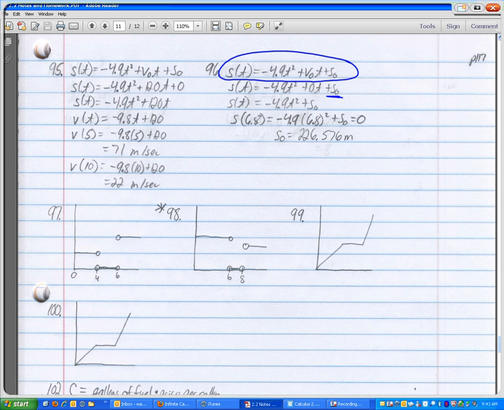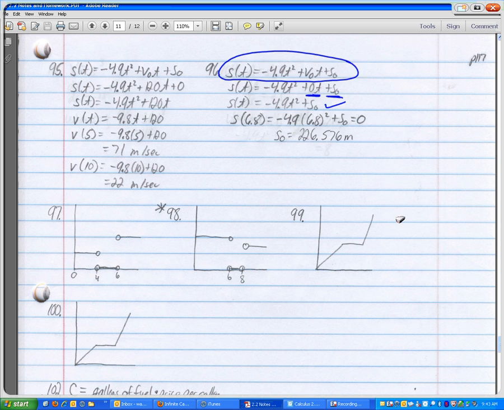Since it says the stone is dropped, the initial velocity of anything that's dropped is 0. You didn't fire it, you didn't throw it, you didn't sling it. So v0 is 0. Okay? So we can rewrite our position function, 0 times t is 0, to get that one. You with me so far?